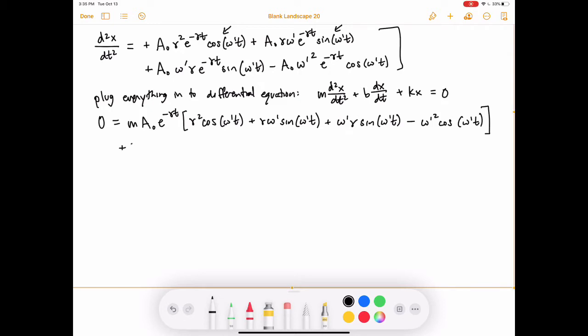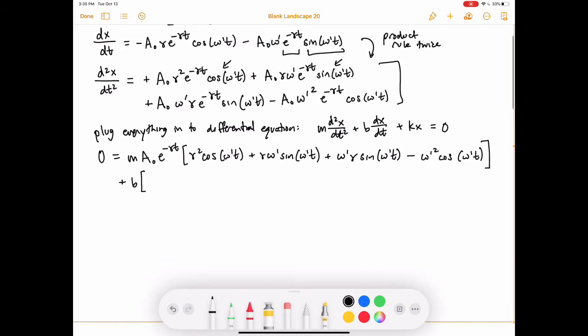The next term is b times the first derivative, which is up here, this guy. So it has two terms in it. And notice how, again, there's a common factor of a naught times e to the minus gamma t, so we'll pull that out. And then we'll have minus gamma times cosine omega prime t from this guy.